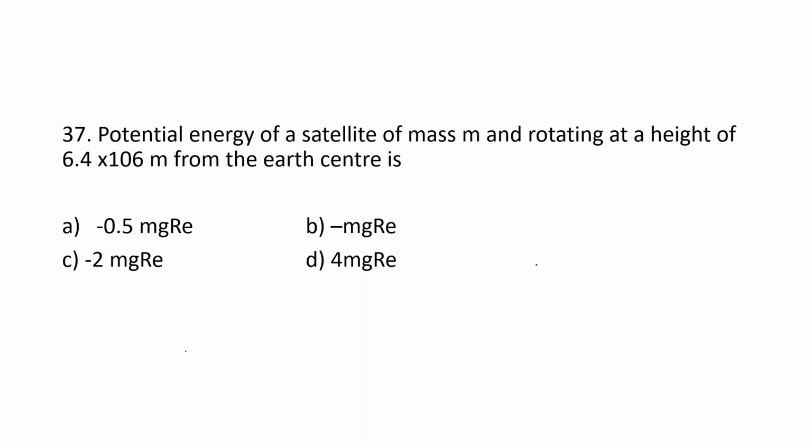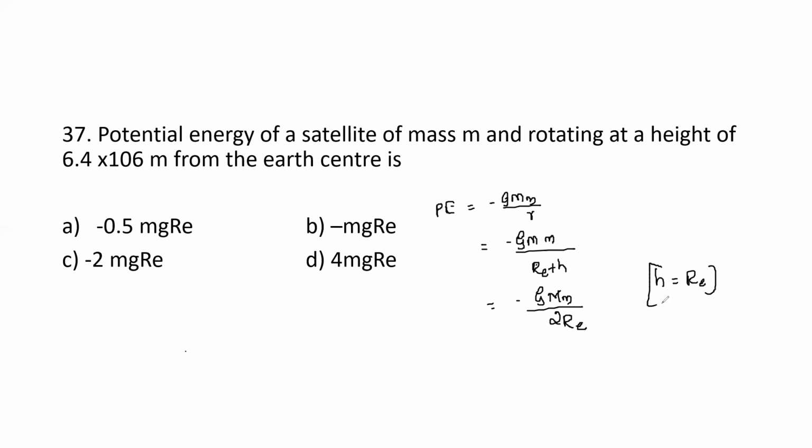See here, we need to take the potential energy expression, given by potential energy is equal to minus G Me m divided by R. So this is equal to minus G Me m divided by R, where R is Re plus H. So again, this is equal to minus G Me m divided by 2Re, as H is equal to Re, which is given in the question.